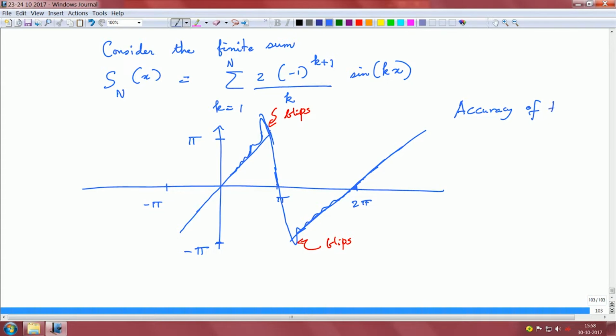Accuracy of the blips around the discontinuity points gets worse.